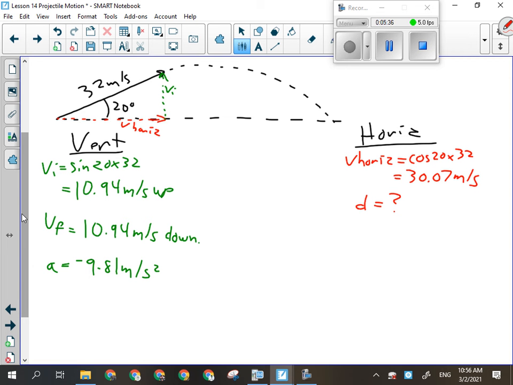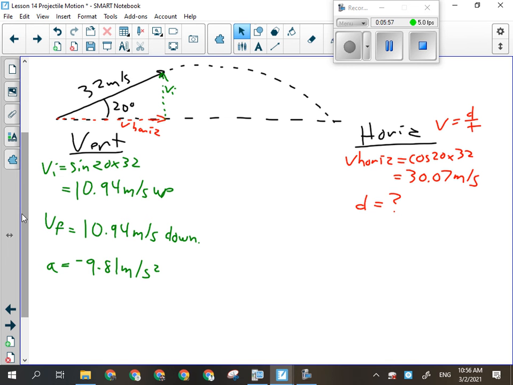Since I know that horizontally the horizontal velocity is not going to change, I use v equals d over t for all my horizontal stuff. So what am I missing? Time. Can I find time with these three pieces of vertical information? Yes.